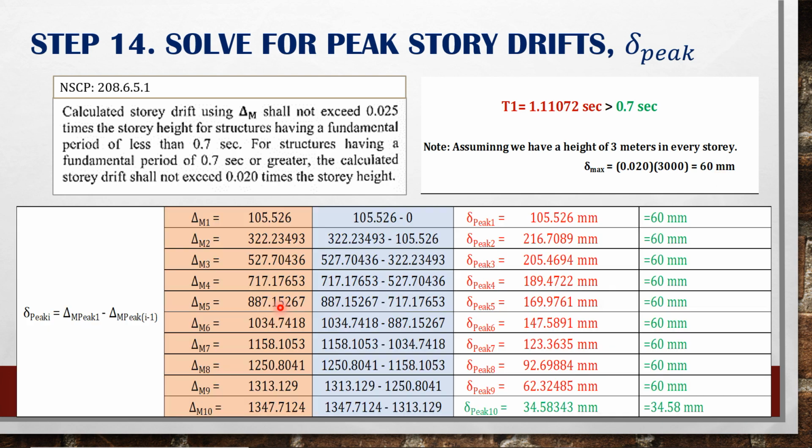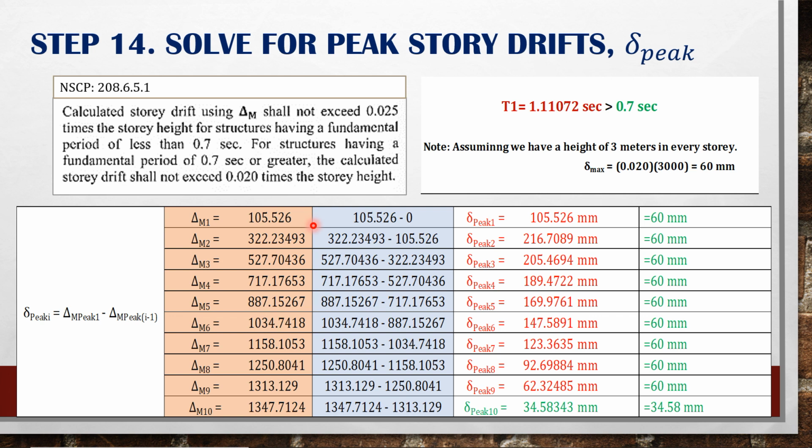Ito yung formula: delta peak i is equals to delta M i minus delta M i minus 1. So, kung kanina may plus tayo, ngayon minus na naman. Start tayo dun sa delta M1, na 105.526.